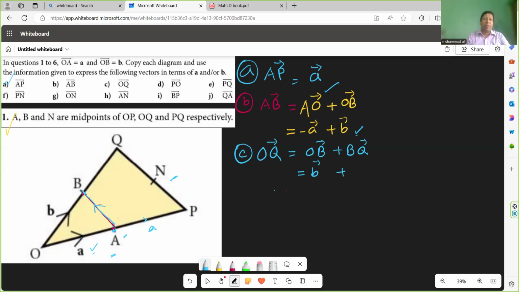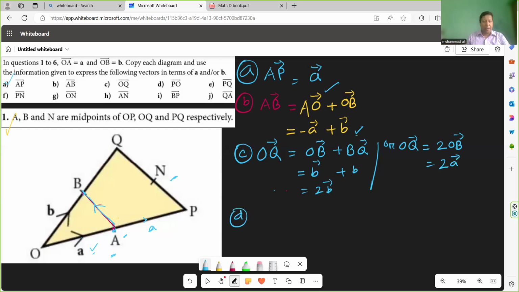So as OB equals B, and this one is B, that means it will be 2B vector. Or we can say OQ is 2 times OB. As B is the midpoint, OQ equals 2 times OB, so it will be 2B vector. We can think in this way also.